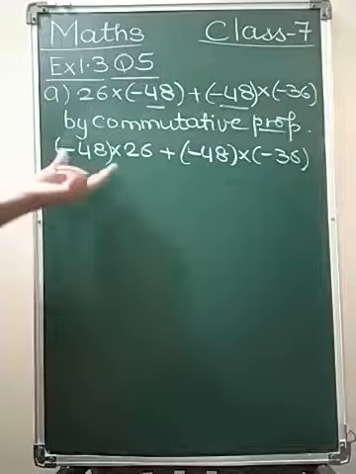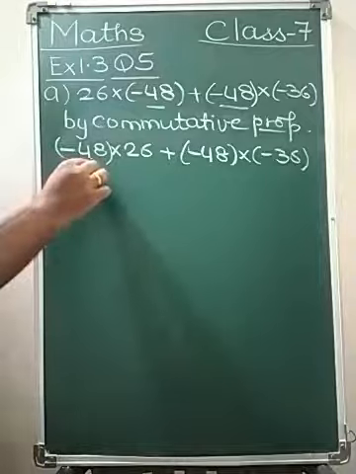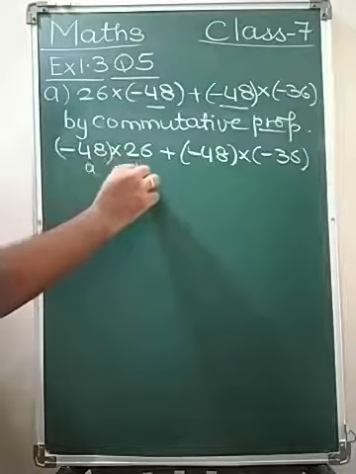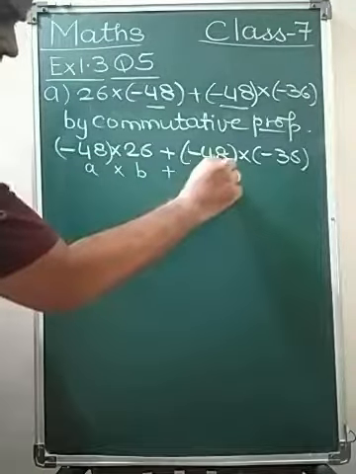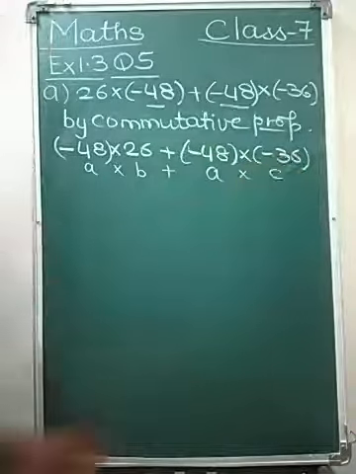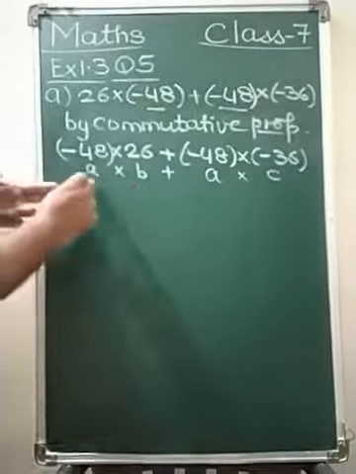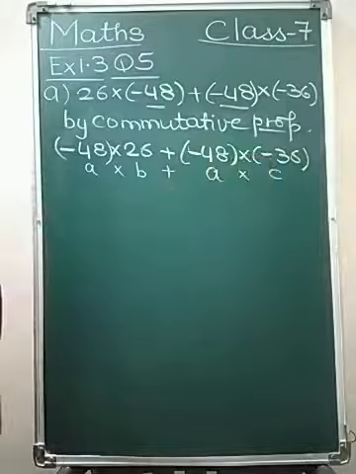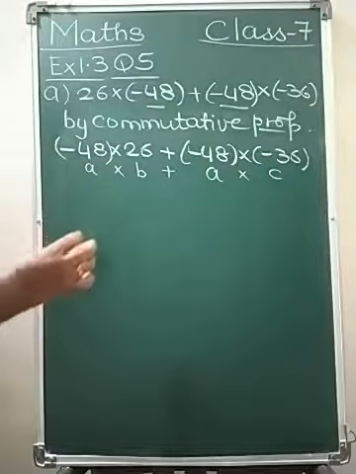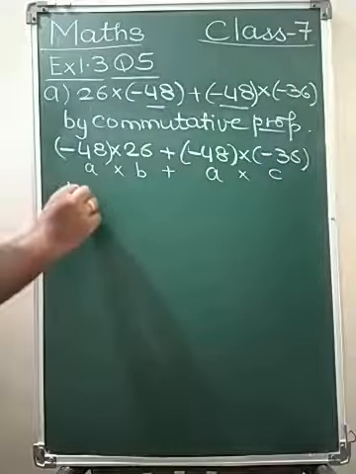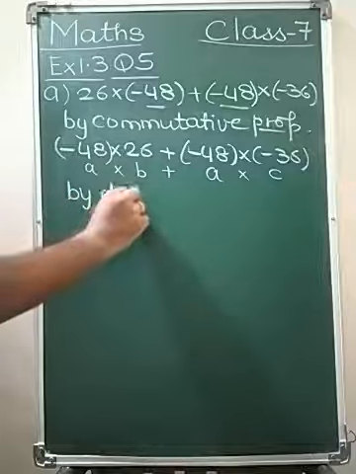Okay, so now we can see the a multiplied by b plus a multiplied by c format is there. We can write this by using the distributive property.